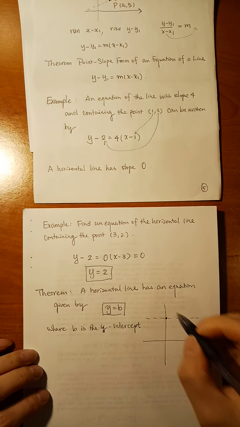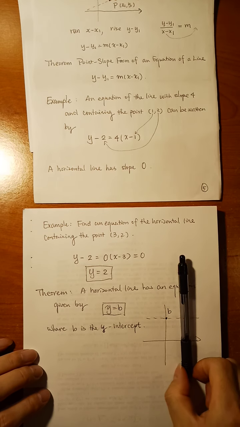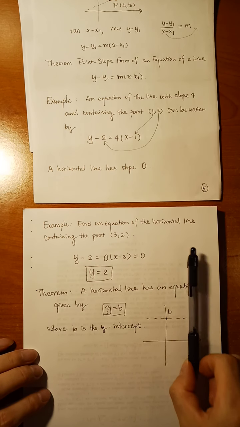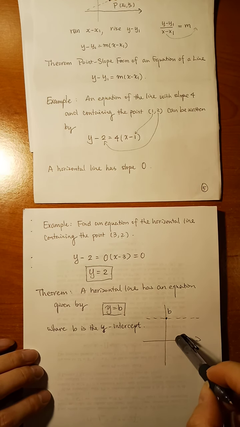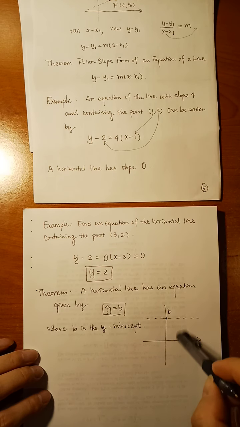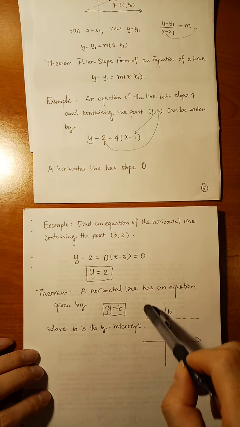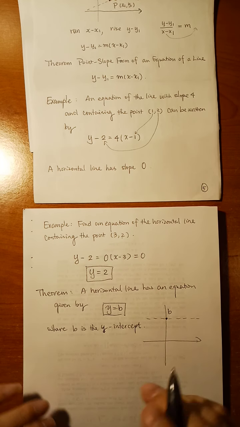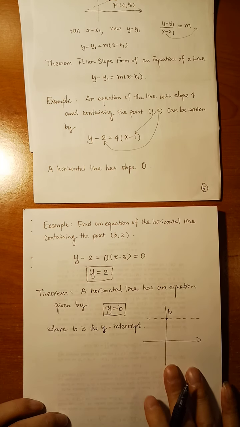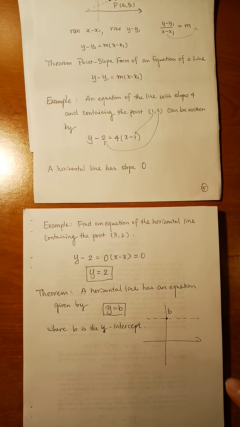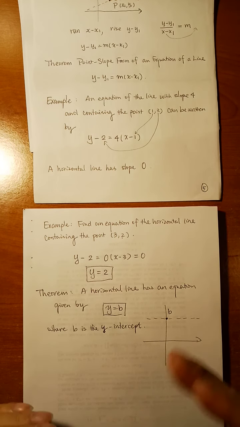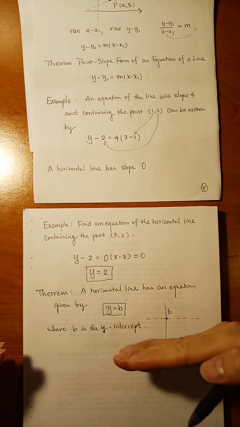Vertical means like a tree. A tree is vertical. It depends on its point on the ground. So x equal to a, x equal to 2, x equal to 3, x equal to negative 1. So you have two special types of line: horizontal, vertical. Vertical, no slope. Horizontal, 0 slope.